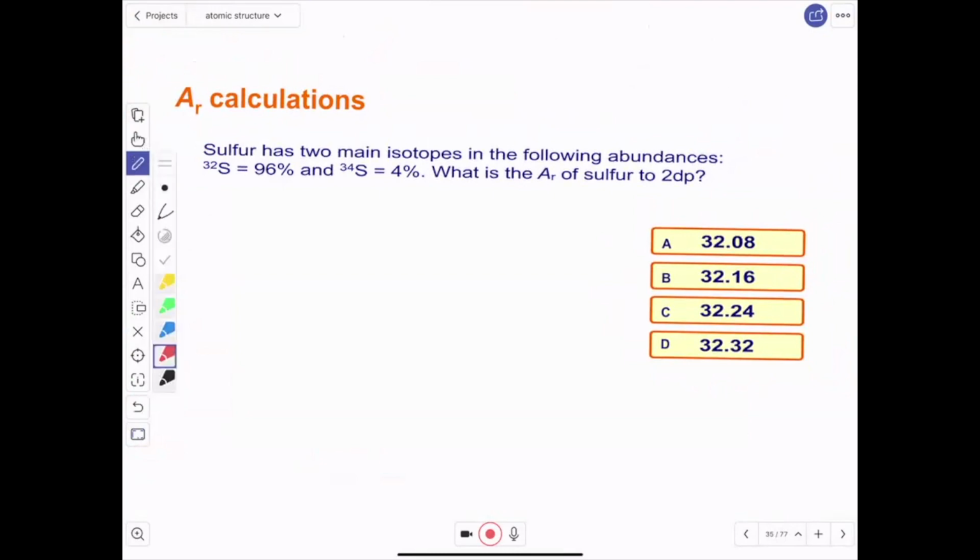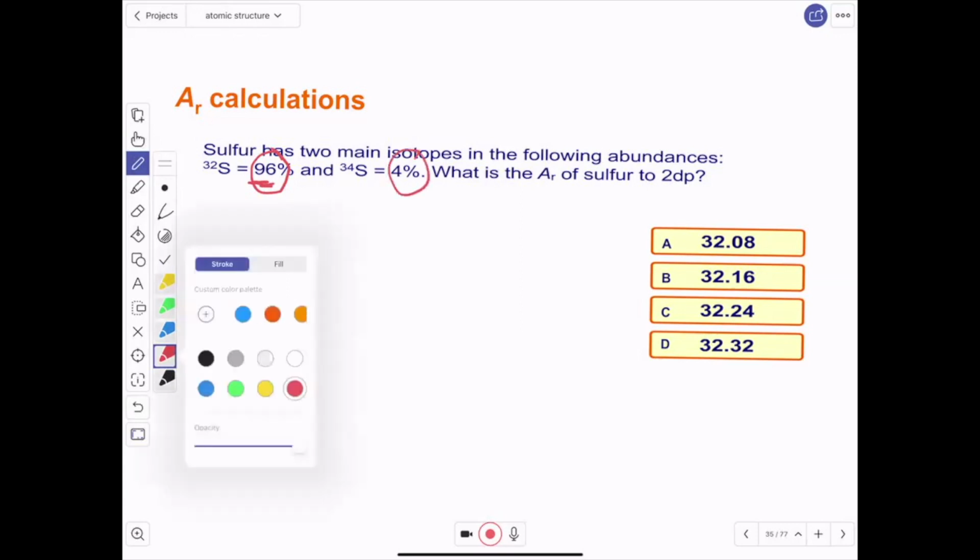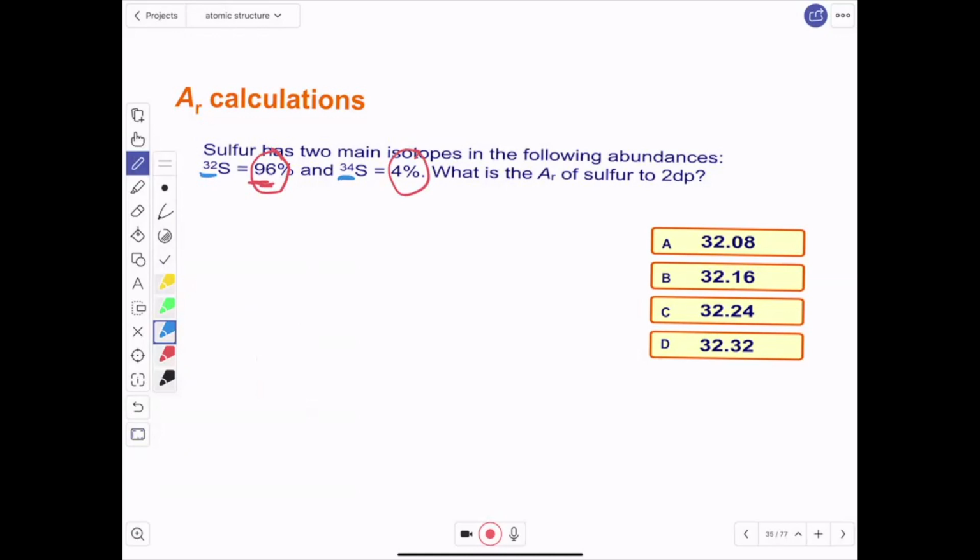So here you got 2 isotopes of sulfur. One is 96% and one is 4%. And the masses are given in the symbol of the element itself. Okay.